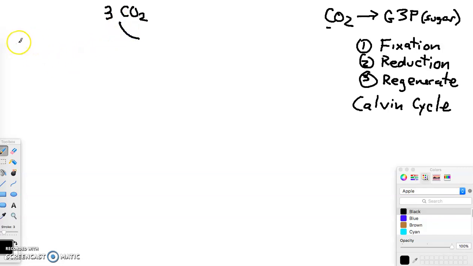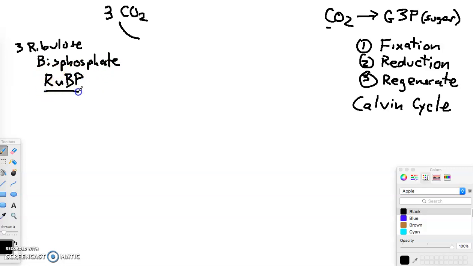That other molecule is 3 molecules of ribulose bisphosphate, and that's a mouthful. The abbreviation is RuBP, and I'm okay with the abbreviation.